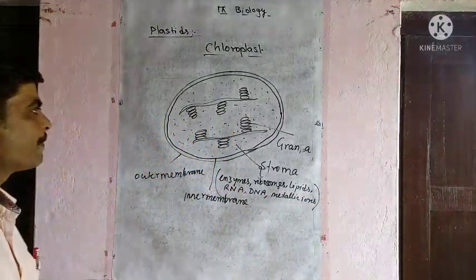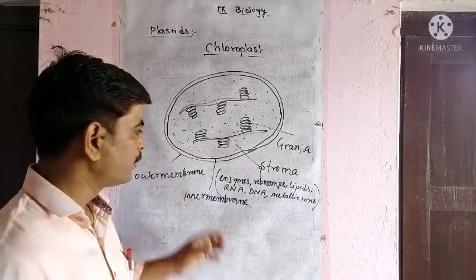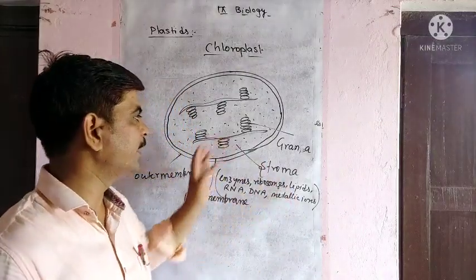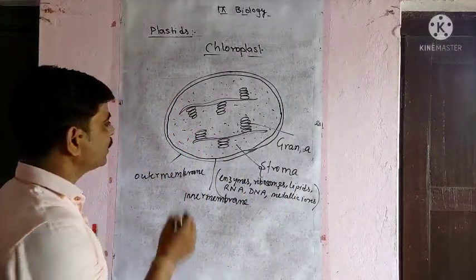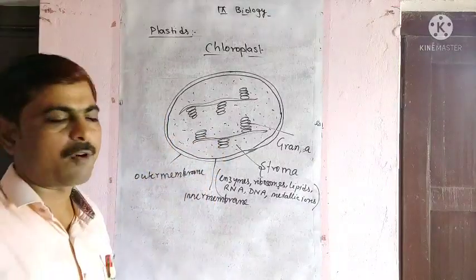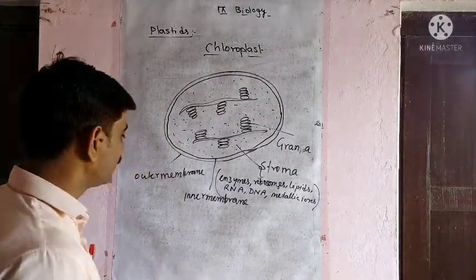Okay? This stroma part of the chloroplast contains this type of material in it. This is the folds of the inner membrane arranged in a pile of coins, and this pile of coins is grana.